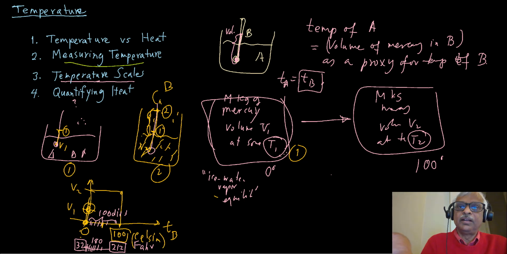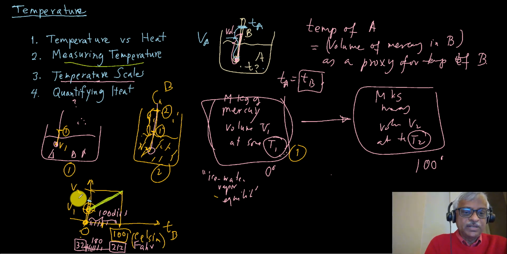And you can already see that if I assume the volume is a linear function of temperature, then I place this over here, the same, with some unknown temperature TA. So this is the volume when the temperature is TA, let's call it VA.